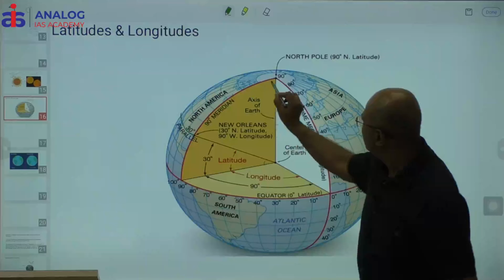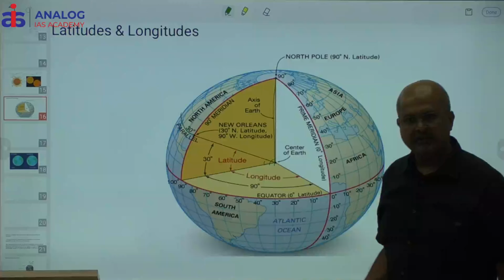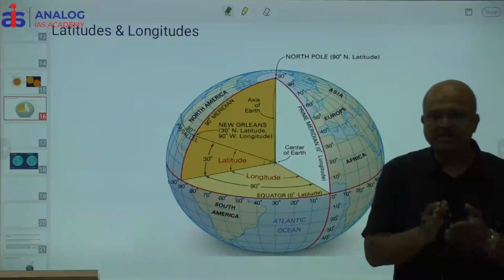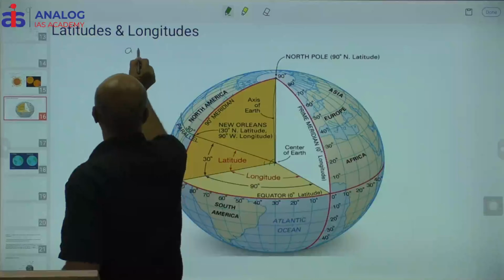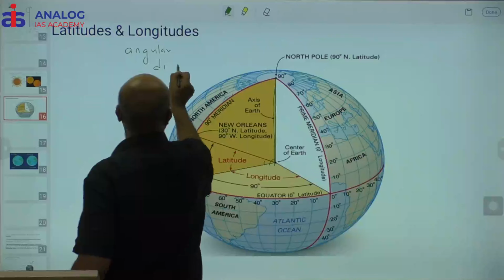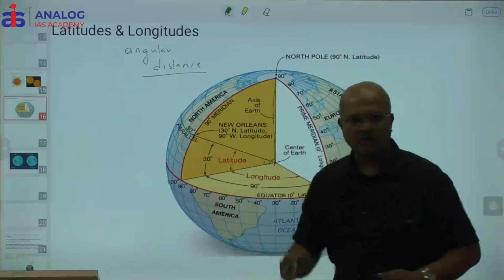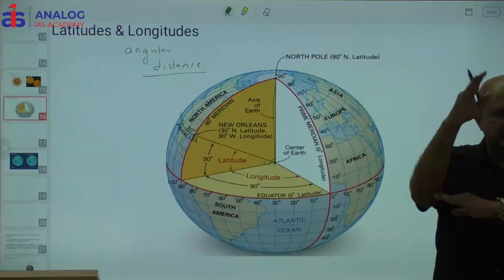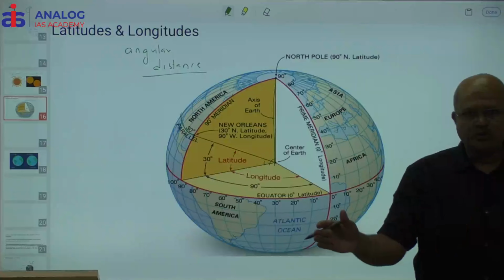If it makes 90 degrees, so hence latitudes and longitudes are angular distances from the center of the earth. Angles, they are always represented as 5 degrees, 90 degrees. The same way, longitude.